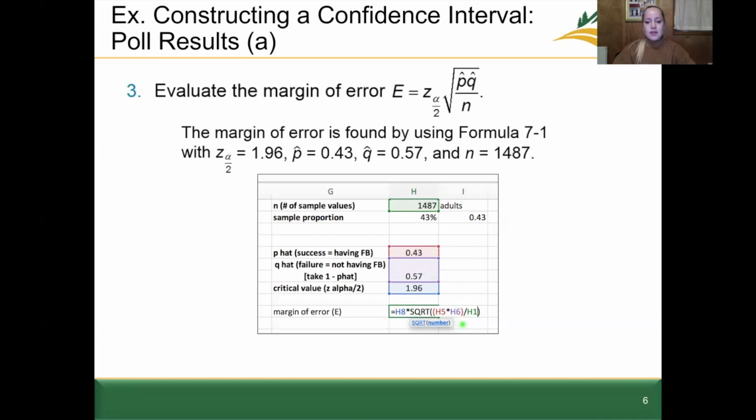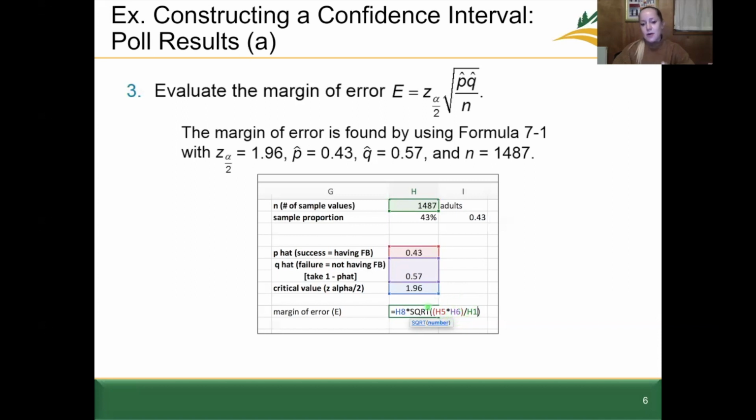I do want to show you in Excel that there's a parentheses here to designate what I'm taking the square root of. And then just to be extra sure that Excel is going to calculate this in the right order of operations, I have an open parentheses on this side of p-hat and on this side of q-hat. I wanted to multiply these first, then divide by n.